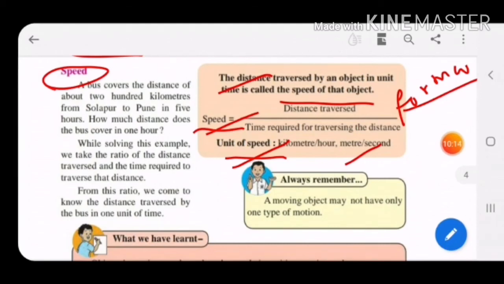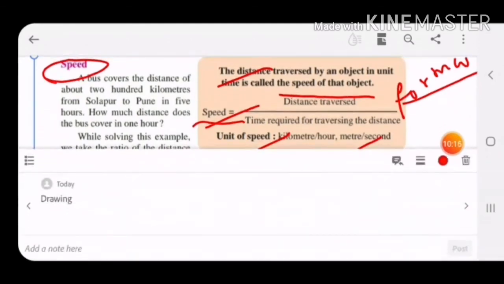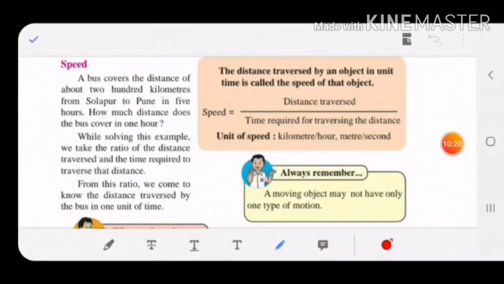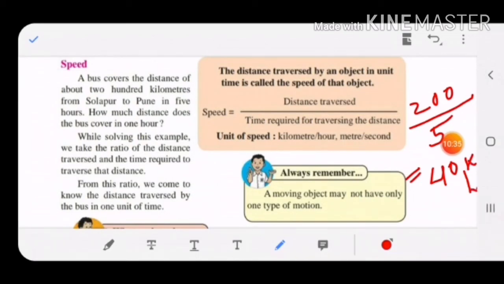If you divide 200 by 5, you will get the speed. See here, distance covered was 200 and time required was 5. So if you divide this, 5 fours are 20 and this 0, so 40 kilometer per hour, or if a smaller unit is there, it is meter per second.